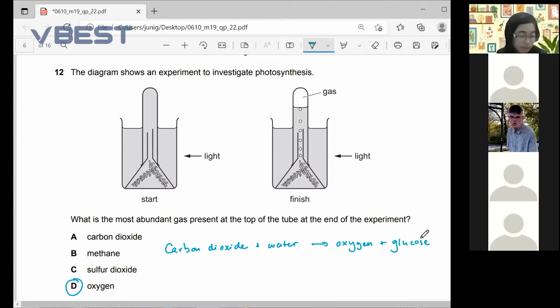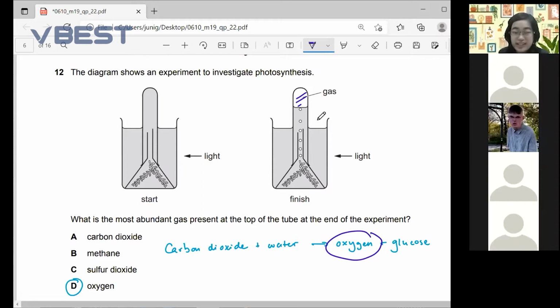This is the process of photosynthesis. And the gas that's being produced here will be oxygen. So when you produce oxygen, oxygen will be released by the plant in the form of bubbles and get collected at the top.